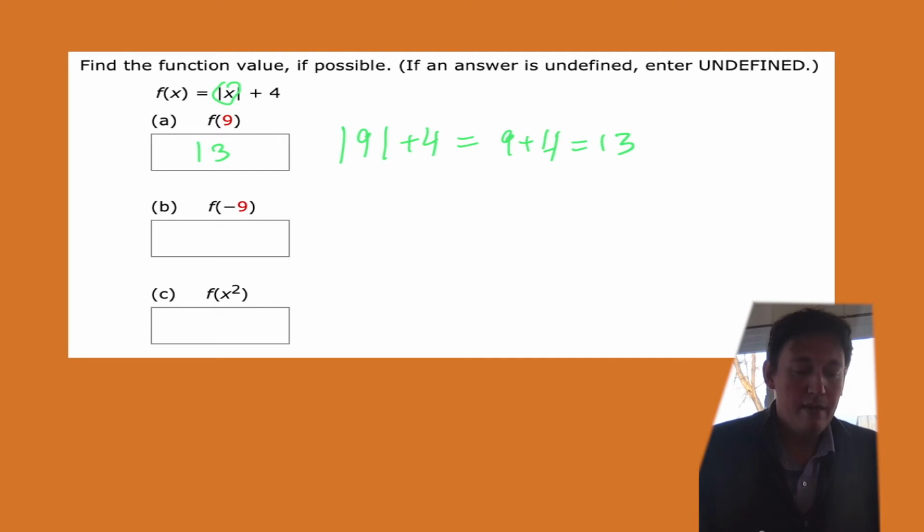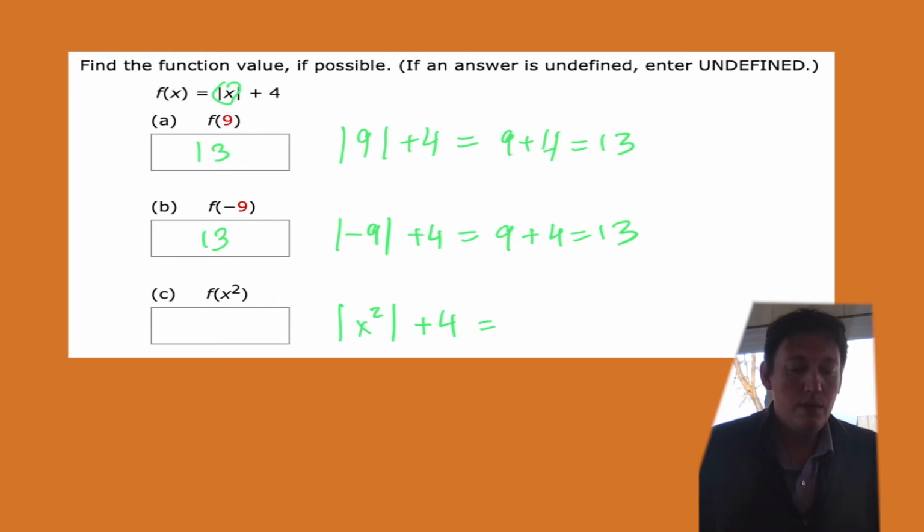If we plug in negative 9 plus 4, the absolute value of a negative number turns into a positive. So again, we have 9 plus 4, which is again 13. And then lastly, we have the absolute value of x squared plus 4.